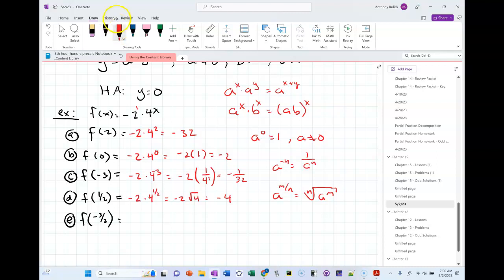About f of negative 3/2. How am I going to do 4 to the negative 3/2, preferably without a calculator?